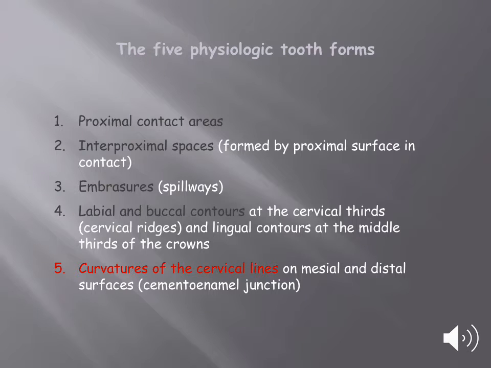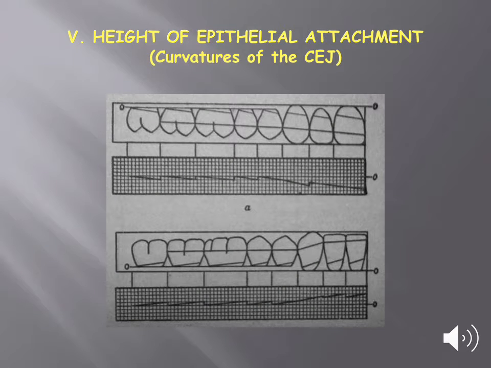The fifth physiologic tooth form is the curvature of the cervical lines on the mesial and distal surfaces. So now looking at the mesial and distal surface of each tooth, we observe the junction, the cemento-enamel junction, and in those areas, mesial and distal, it is normally curved.